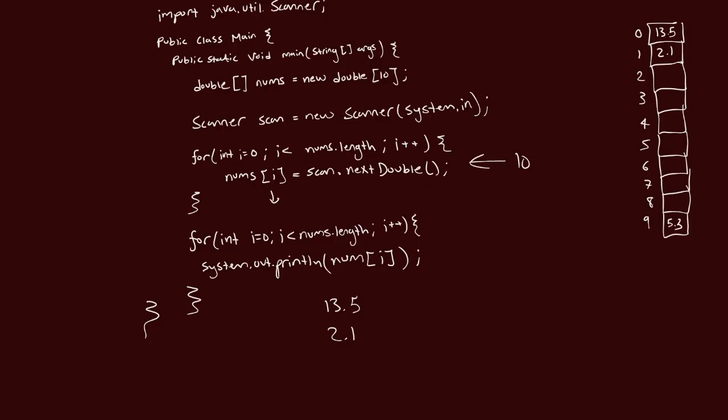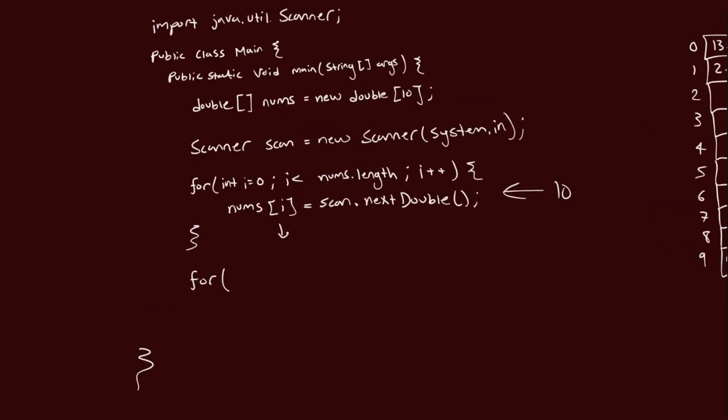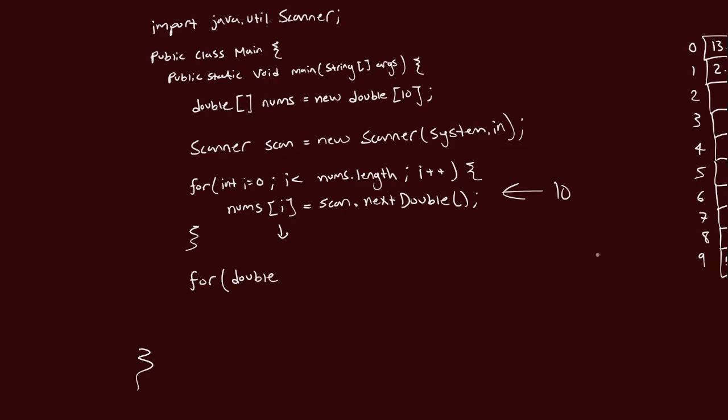But there's also another version of this for loop that you can do instead. So instead of writing all of this, you can do for, and we put in the data type of our array first. So our data type was double. Then next to double, we can have any name of our choice. So let's call this r. Then we do a colon, and then we put our array name, which was nums.